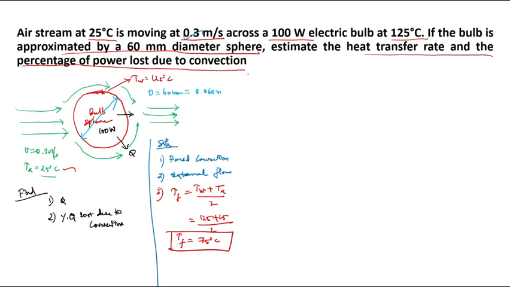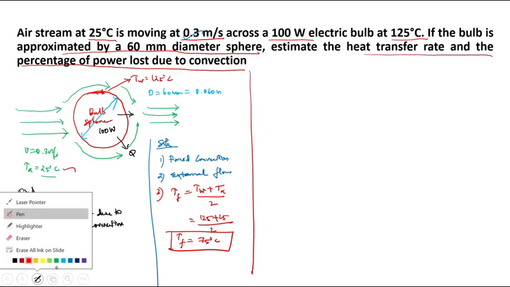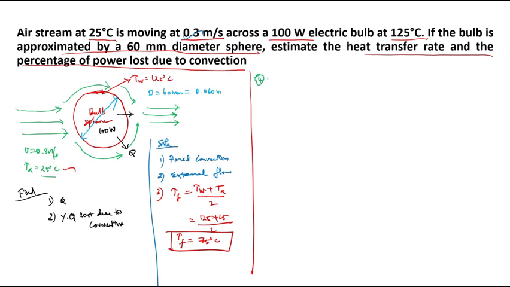Now the next step, step number 4, you are going to find the properties at 75 degrees Celsius in the HMT data book. So in the HMT data book, you may find the properties.